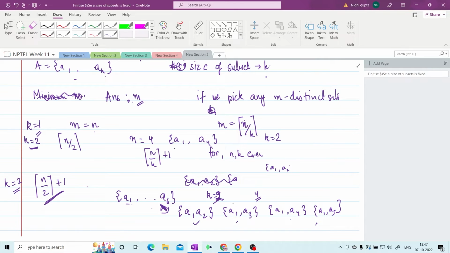According to this form, ceiling of n over k plus 1, your answer should be 4, right? But if we take this collection of two-element subsets, these are four sets, but their union is not the whole set. If we take another collection, A1, A2, A2, A3, A3, A4, then it is fine.